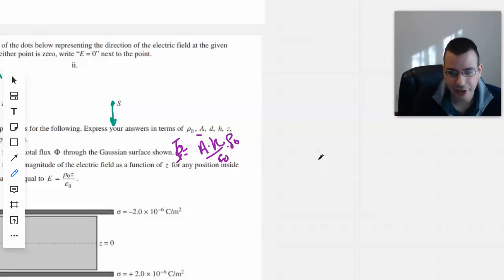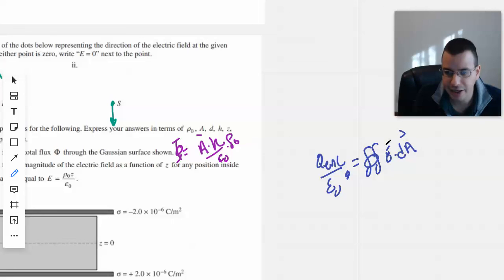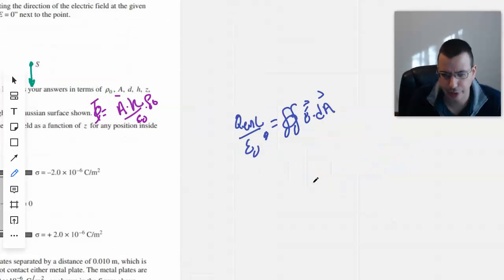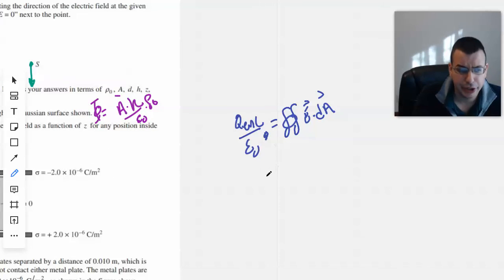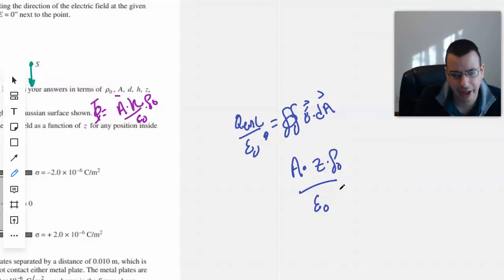So we got Q enclosed over epsilon naught equals the double integral of E dot dA. Q enclosed, we already decided would be A times Z, because it looks like we switched A, H, and Z here, rho naught over epsilon naught equals electric field.